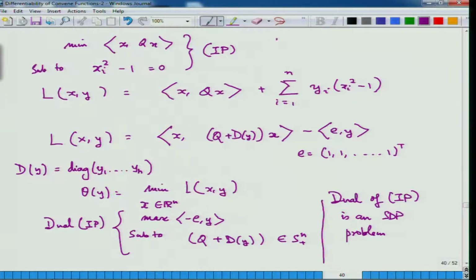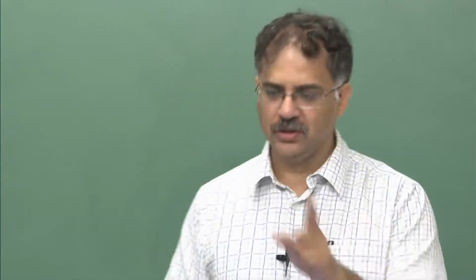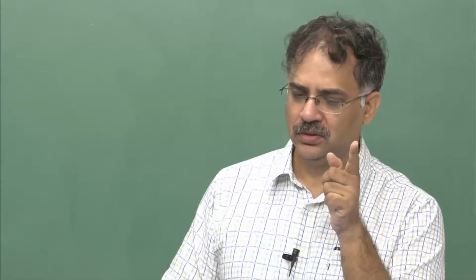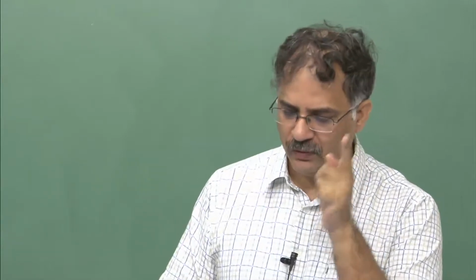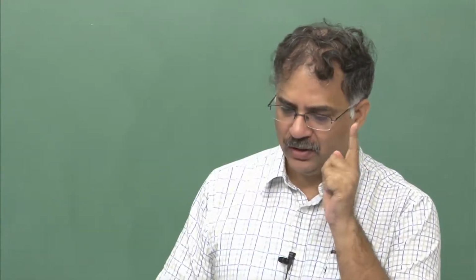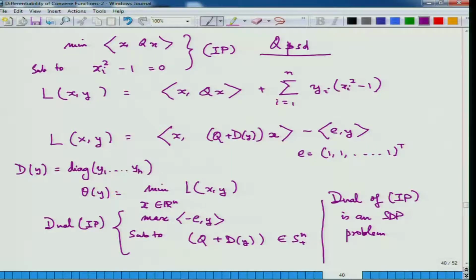Even if you have taken Q to be PSD, that does not matter. Q PSD has no saying, because by the very simple fact that even if Q is PSD, ultimately this is a non-convex set.